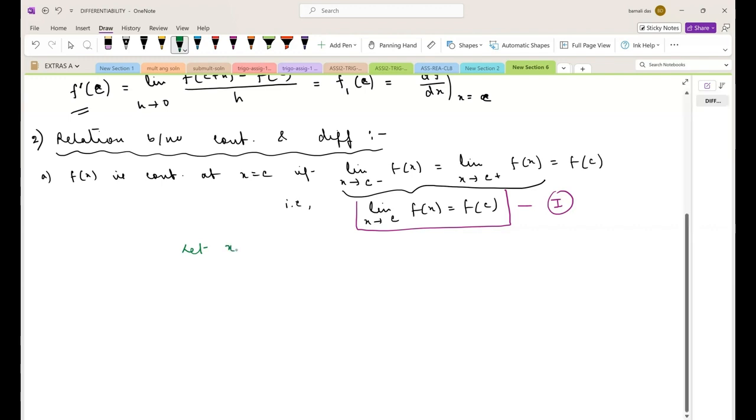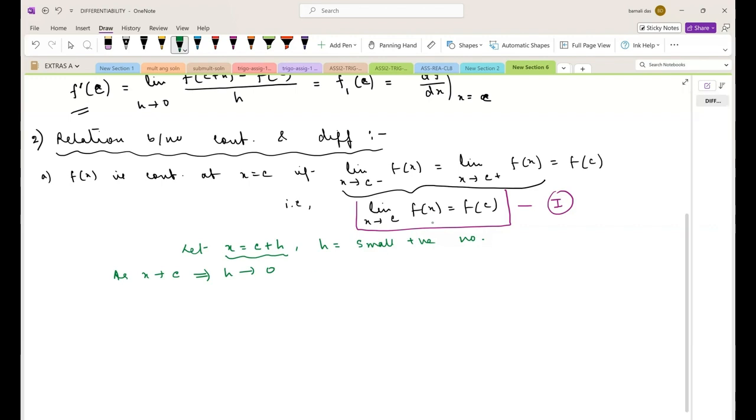Let x equal to c plus h, where h is a very, very small positive number. That means as x approaches c, I can say from this relationship, as x approaches c, h approaches 0, right?